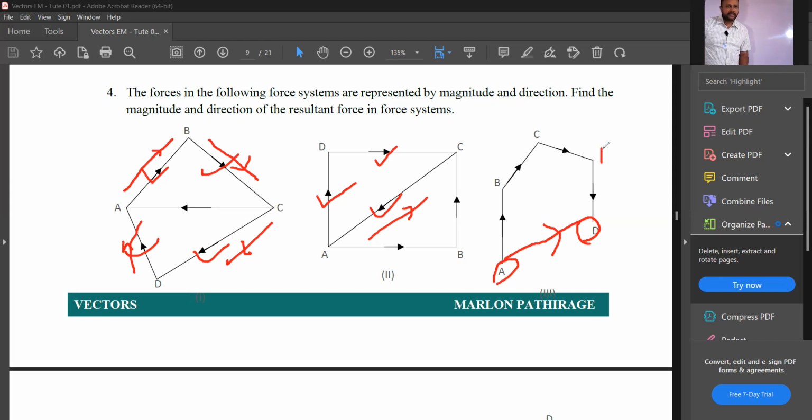Suppose this is E. Then AB plus BC plus CE plus ED. Then the answer is AD.